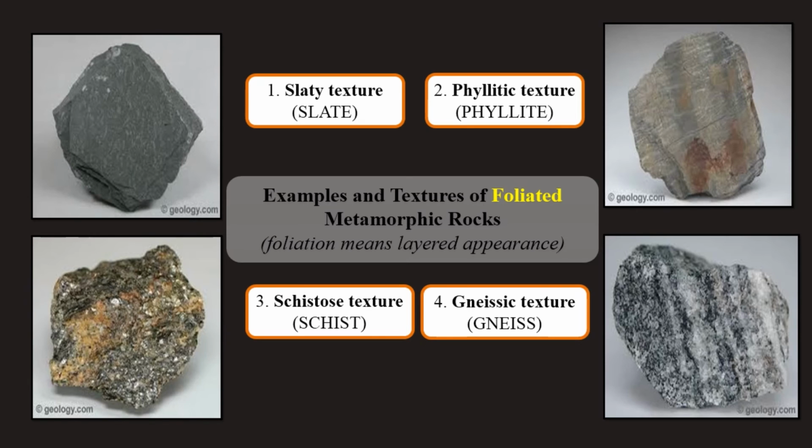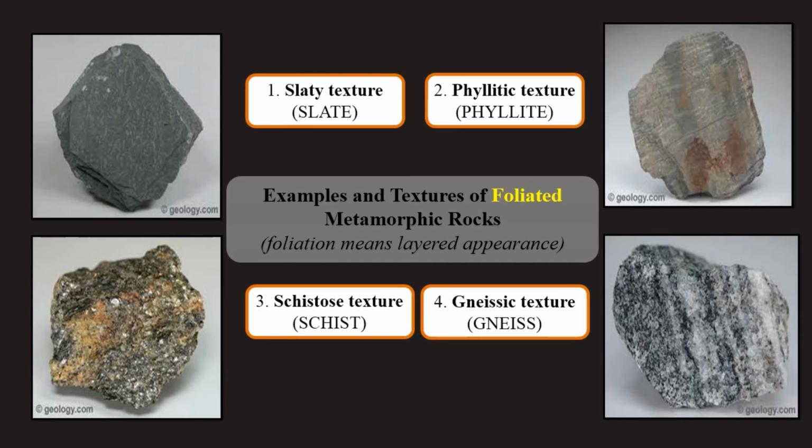And lastly, in a gneiss, the minerals are much more visible compared to the other textures. And the foliation is very visible. So again, we have the slate, the phyllite, the schist, and the gneiss as examples of foliated metamorphic rocks.